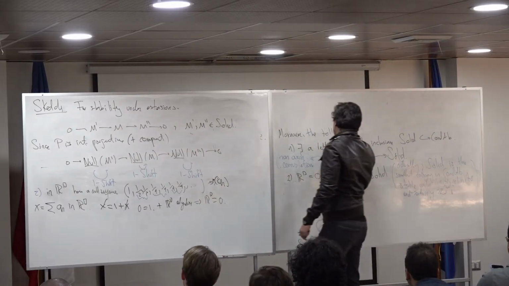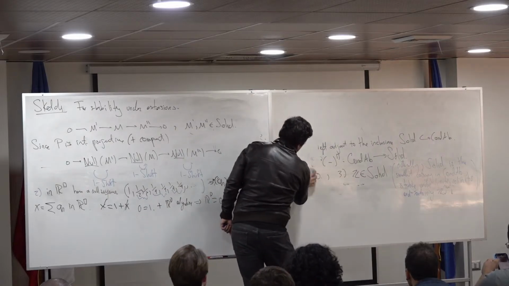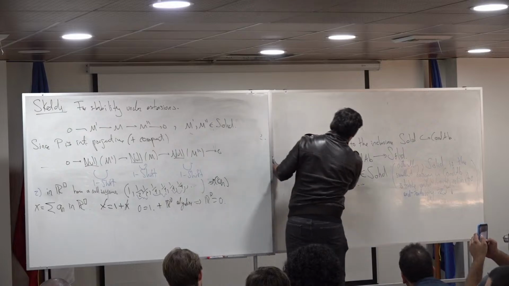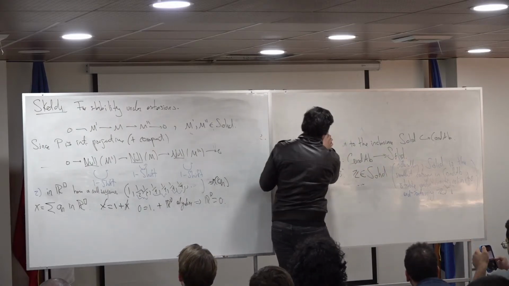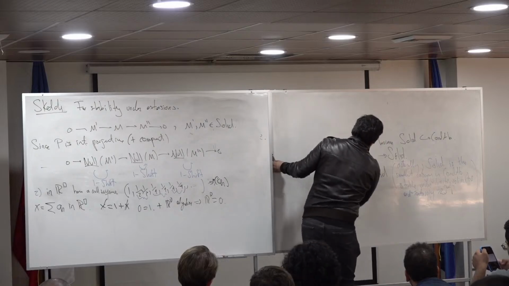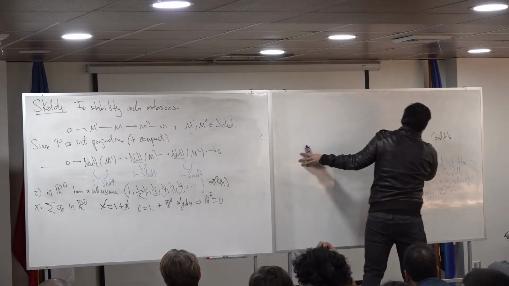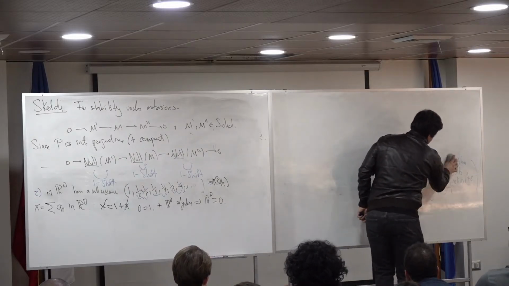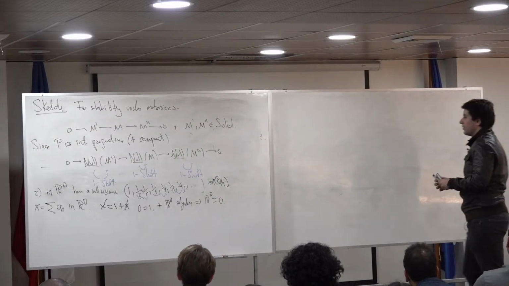So recall that the motivation for defining these solid things was in order to have some notion of completed tensor product. And well, so far we have a notion of completed abelian group, but maybe not a notion of completed tensor product. But it turns out that actually you can define a completed tensor product just by taking a naive tensor product and then taking completions, which is maybe not the way to do it.